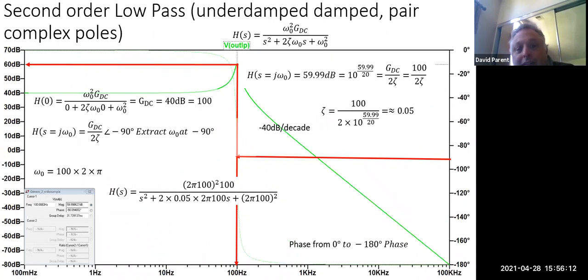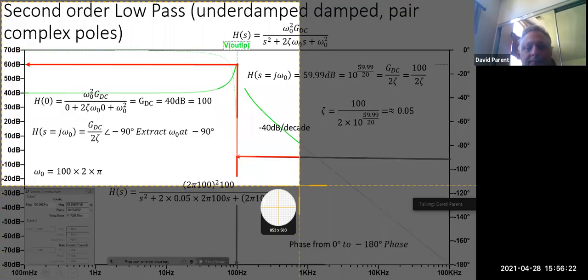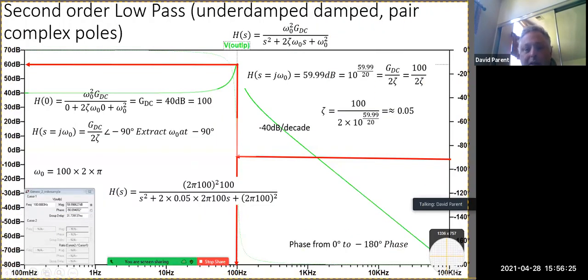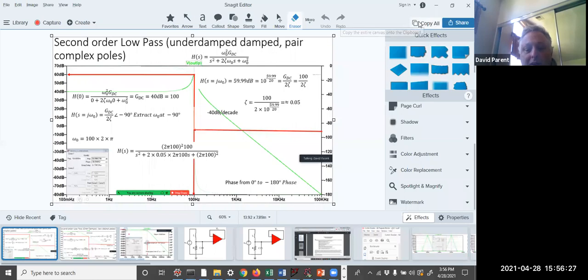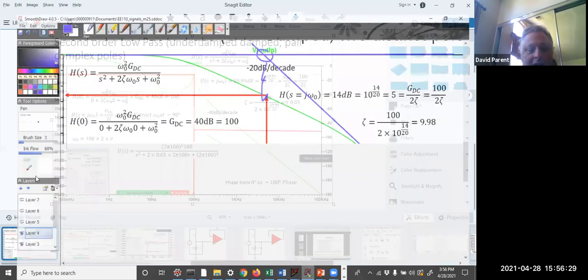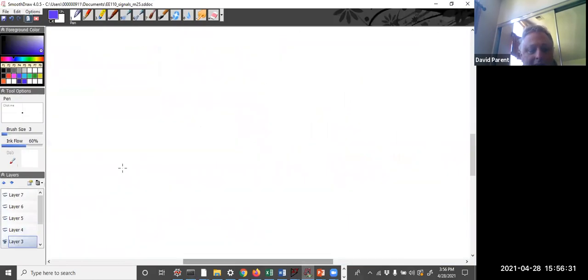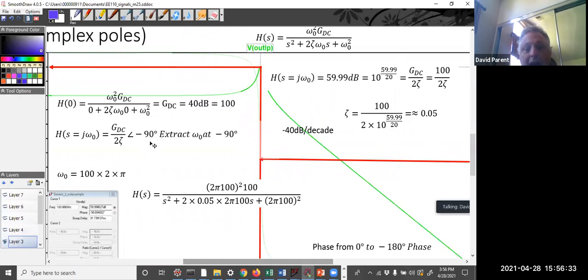Now here, we've got an underdamped system, which is something we didn't do in the first part of the semester. But I just wanted to show you that the asymptotic method actually still works.